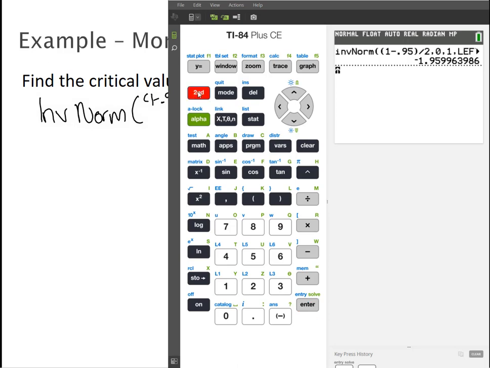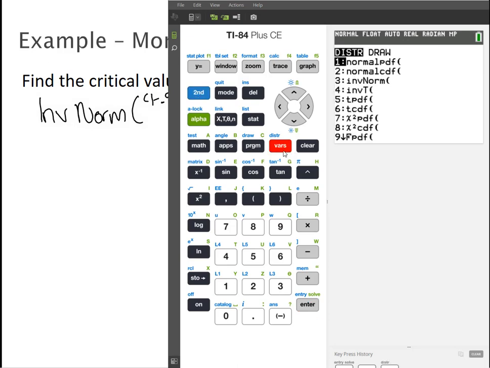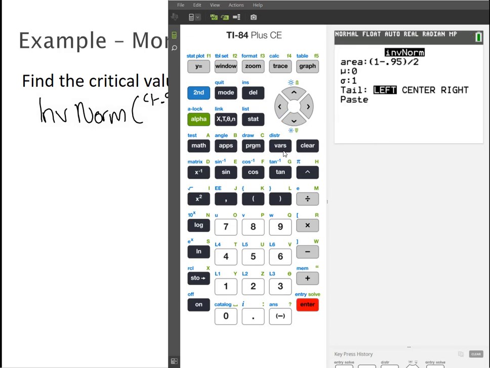So second VARS, inverse norm, which is the third option down. And now I'm going to change that 1 minus 0.95 to 1 minus 0.92. Again, remembering to put that 1 minus 0.92 in parentheses. And then divided by 2, my mean is 0, my sigma is 1.